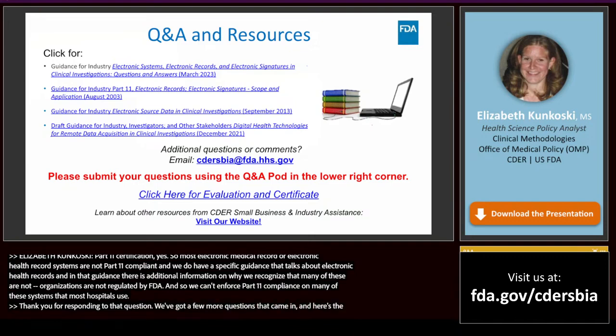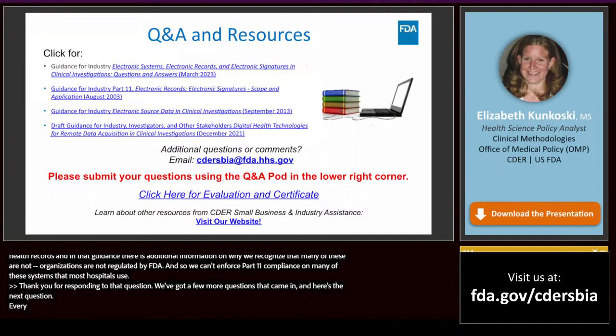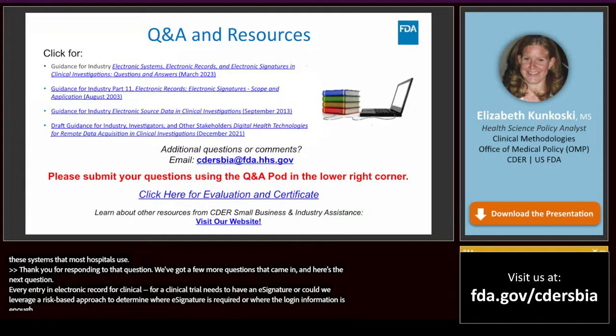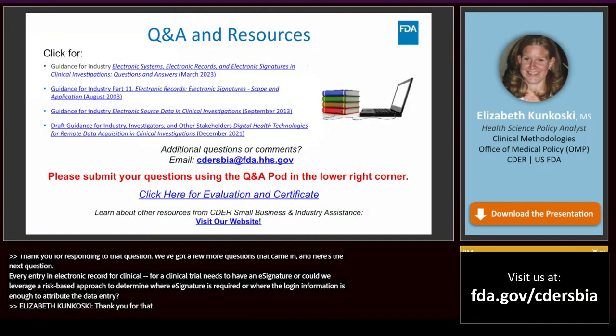Does every entry in an electronic record for a clinical trial need to have an e-signature, or could we leverage a risk-based approach to determine where e-signature is required or where the login information is enough to attribute the data entry? Thank you for that question. I'm not quite sure what is meant by every entry in an electronic record of a clinical trial.